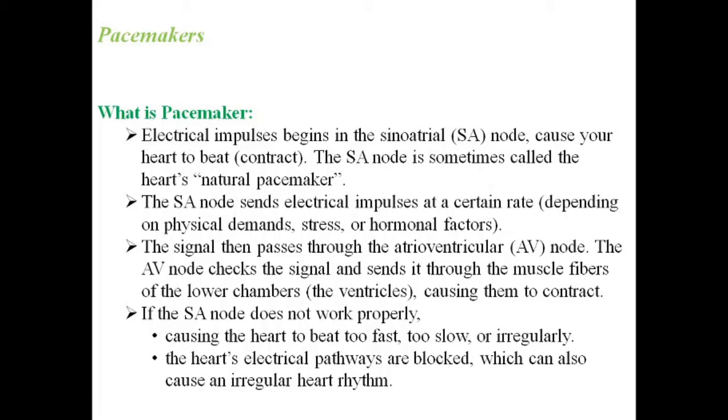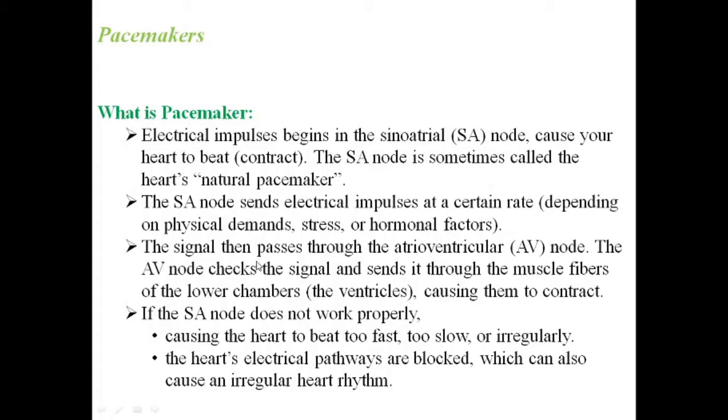When the person is in sleep mode, the rate is different. When the person is totally active or doing fast physical exercise, or under stress, the rate changes. Heart beats, that means heart beats in different numbers per minute.